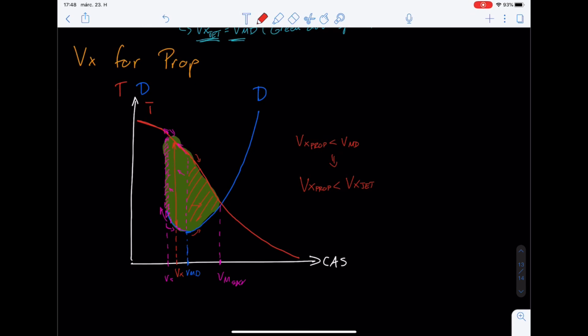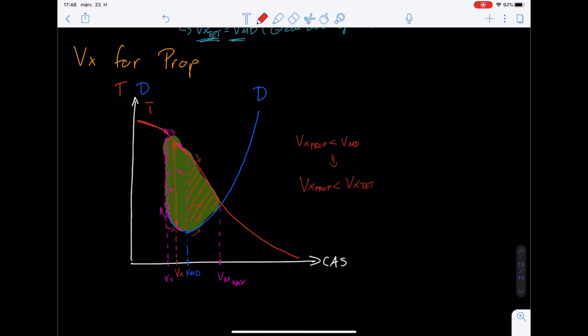So this is just as a note. In the EASA exams, VMD is considered to correspond with an angle of attack of 4 degrees, which means that a jet aircraft climbing at VX is climbing with a 4-degree angle of attack. And in the case of the propeller-driven aircraft, the VX is slower than the VMD, so therefore you would consider the angle of attack at VX to be greater than 4 degrees.